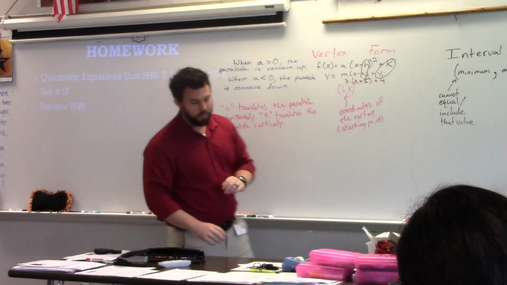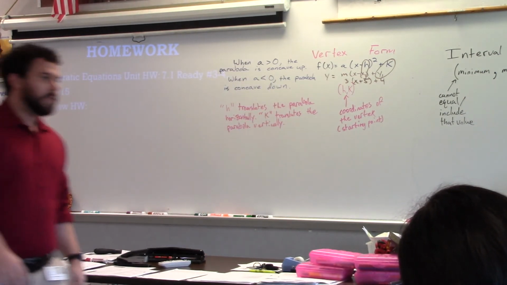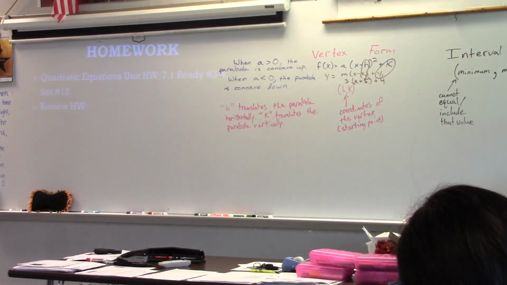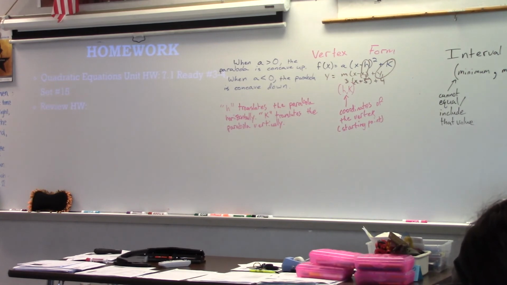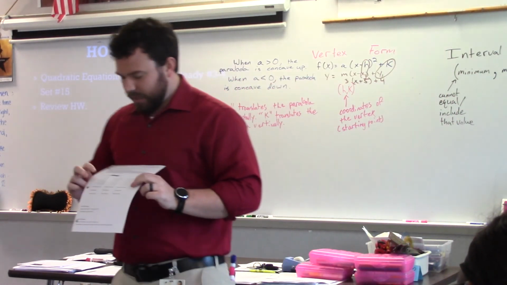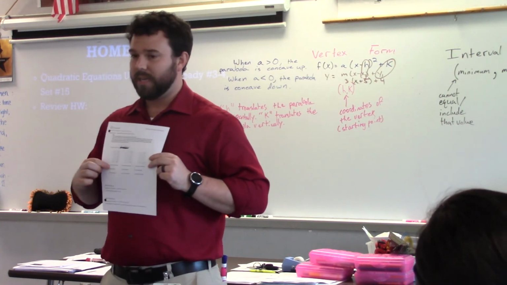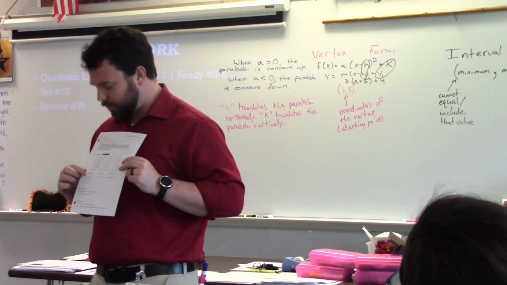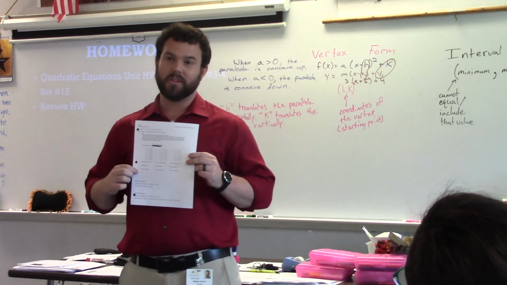One detail I want to point out about the review homework for tonight. I will not be checking the review homework tomorrow. Please notice number 8 has A, B, and C, where you have to identify what type of function based on what characteristics, and you have to do an explicit equation and a recursive equation. That's 3 different functions in a table.